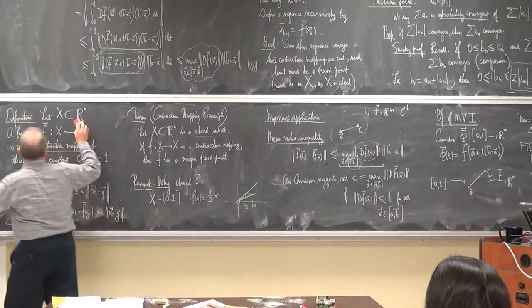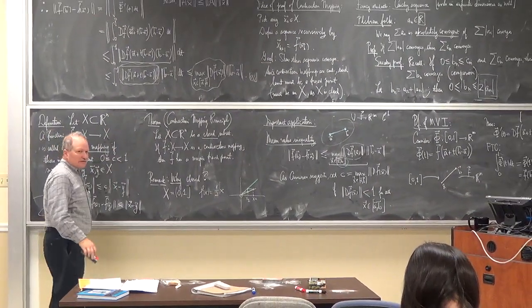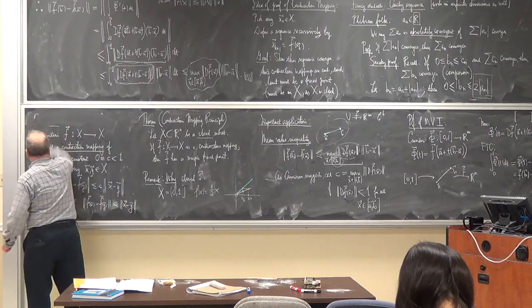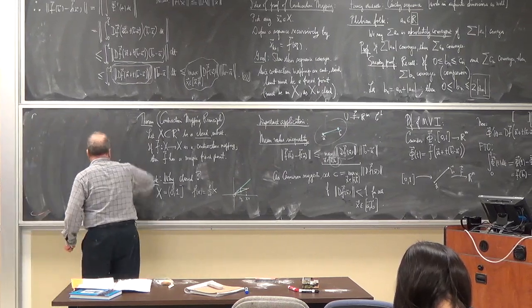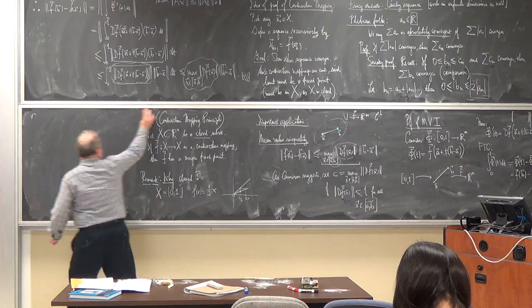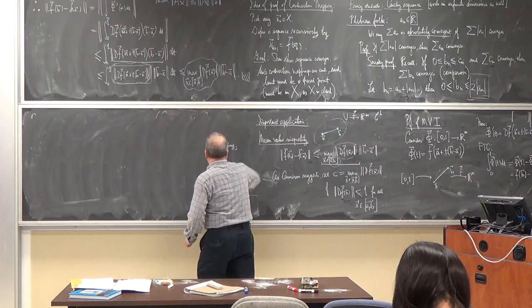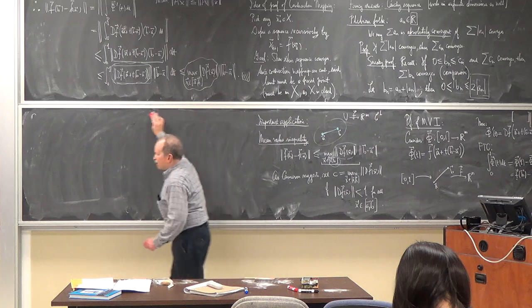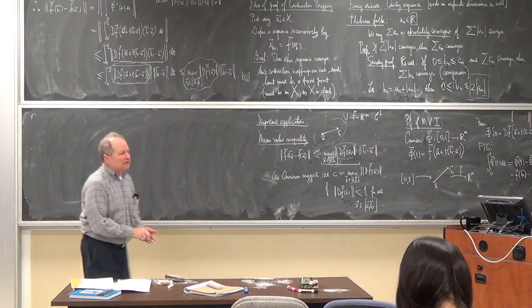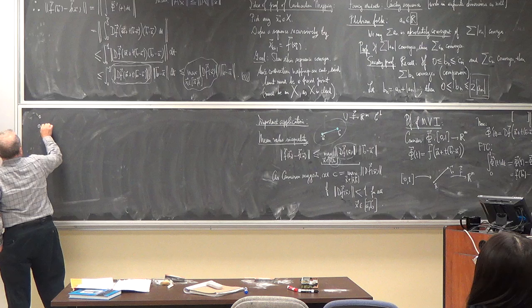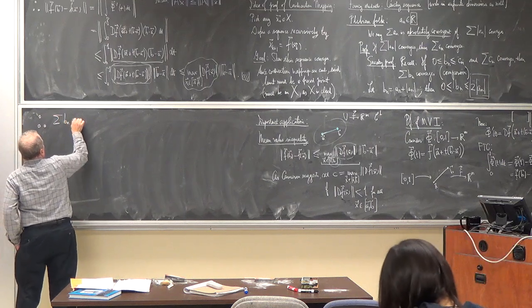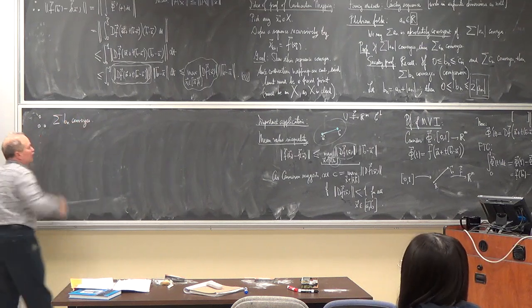Don't erase the definition. That's what we're proving. We're not done yet. So the b_n series converges. So what? What are we trying to prove?